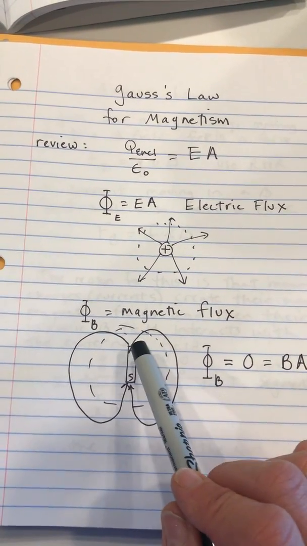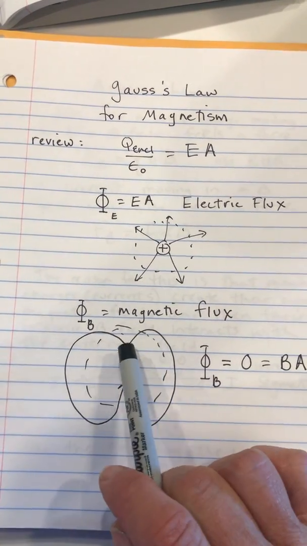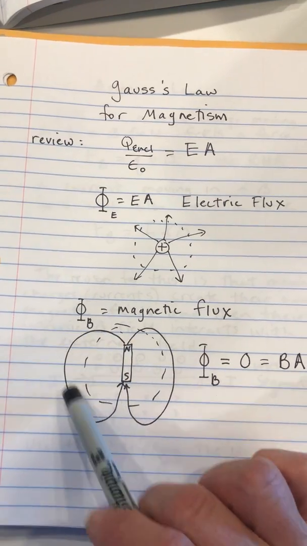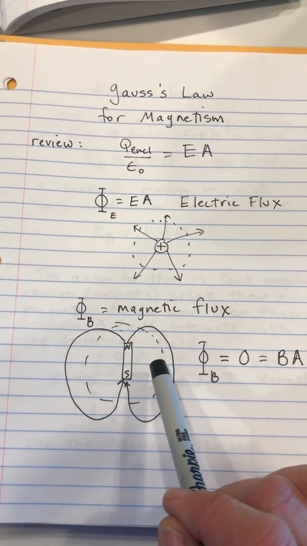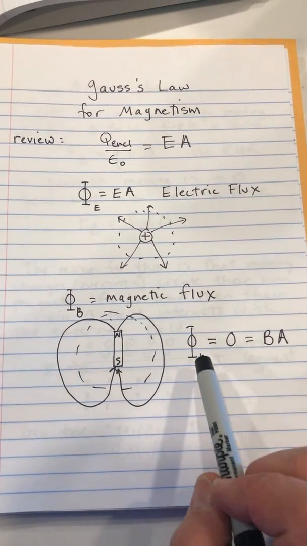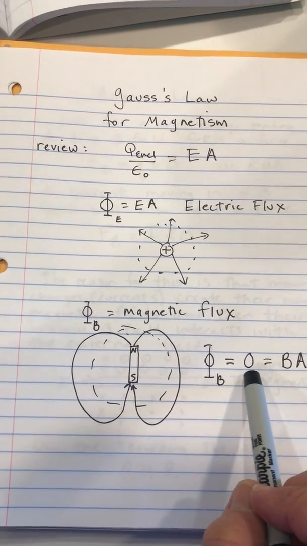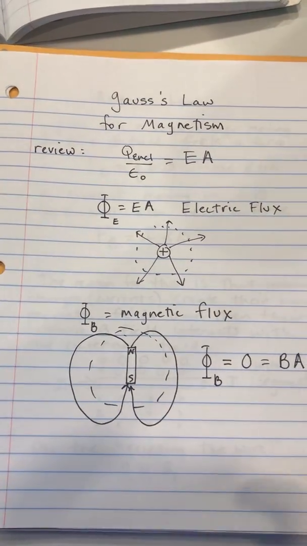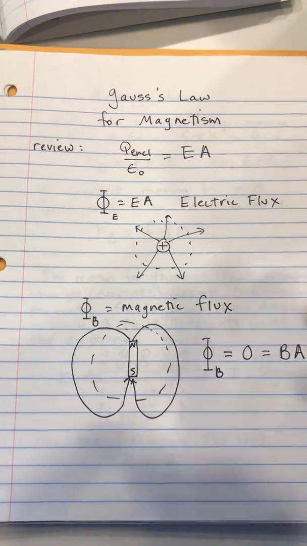So you can't have just a north pole, so you can't have the flux lines just leaving. They have to leave and come back in. So the bottom line is the magnetic flux is always equal to 0. It's impossible to have just a north pole. So that'll pop up every once in a while.